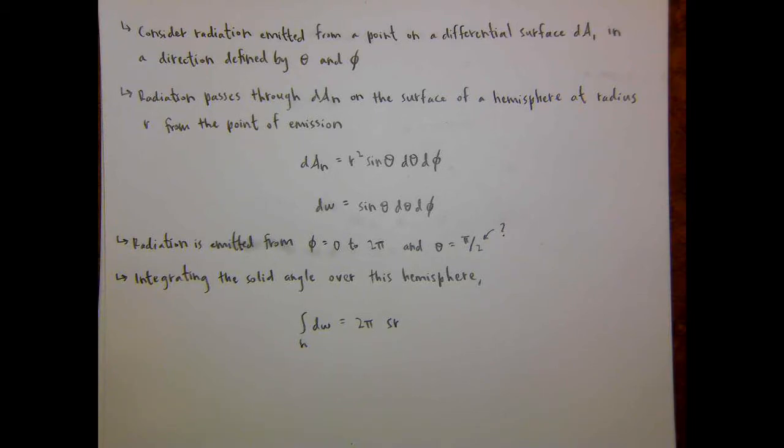And this makes sense because a sphere measures 4 pi steradians, so a hemisphere is just half of that. So this is just to show you how we account for radiation emitted in all the different directions, that we're integrating up over this solid angle. And to account for directional effects, we have to integrate up over the solid angle that defines a hemisphere, which is 2 pi steradians.